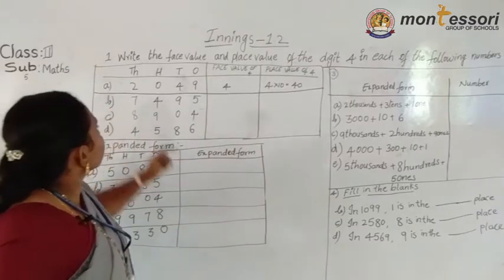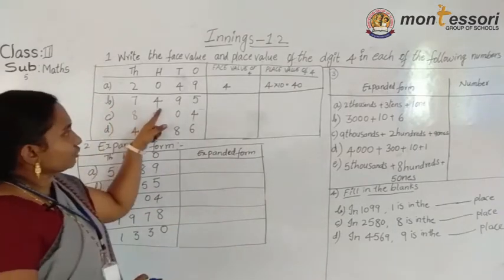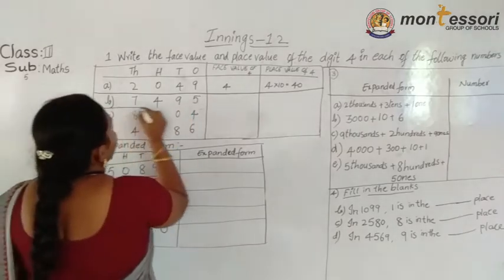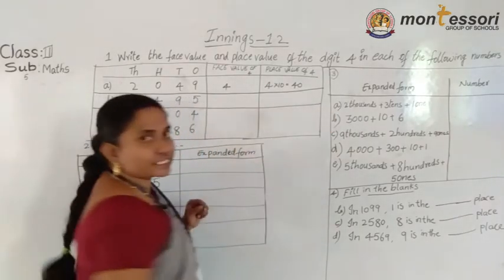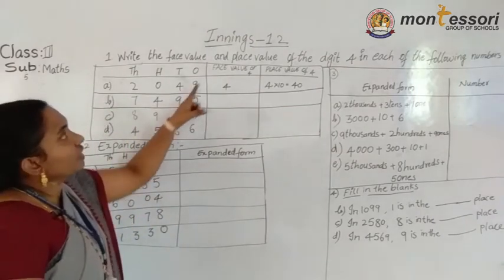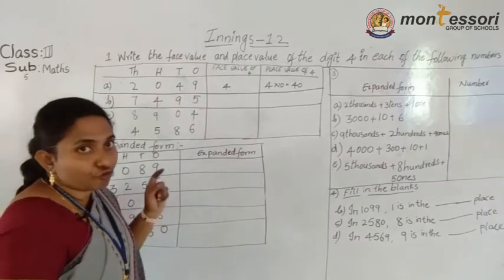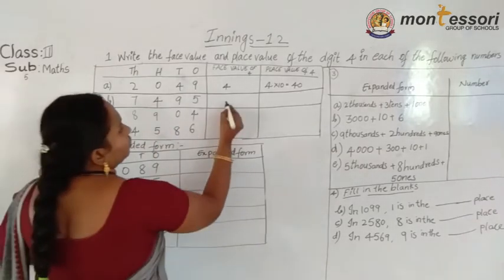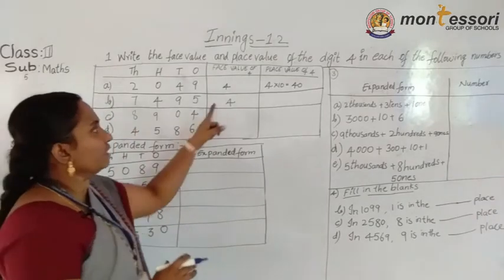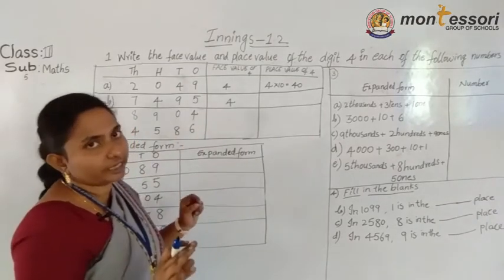Next problem: 7495. This is the second problem given in your textbook. In 7495, the face value of 4 does not change at all. Whatever number they are asking, write exactly that number.